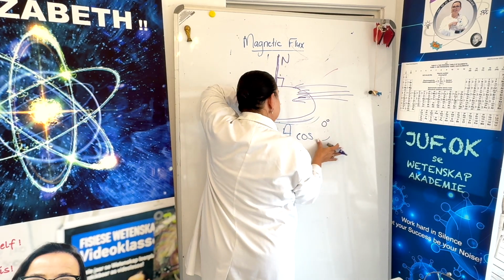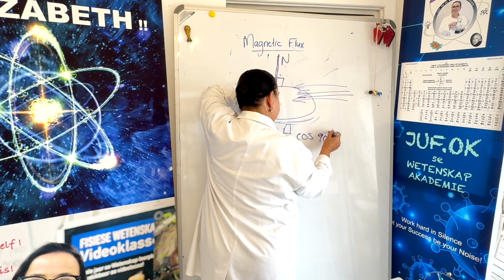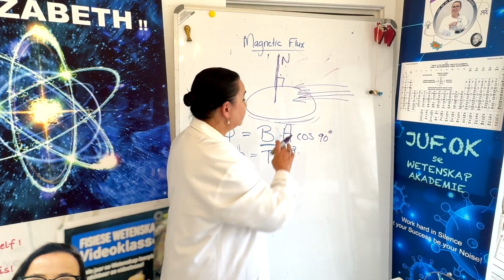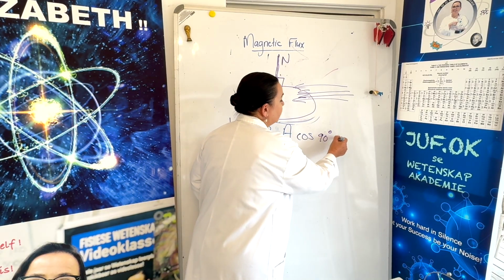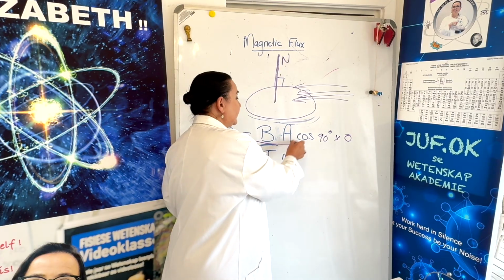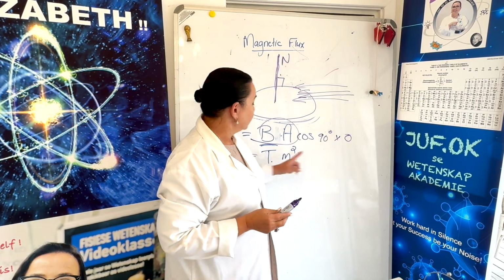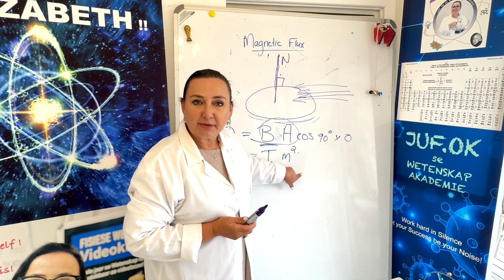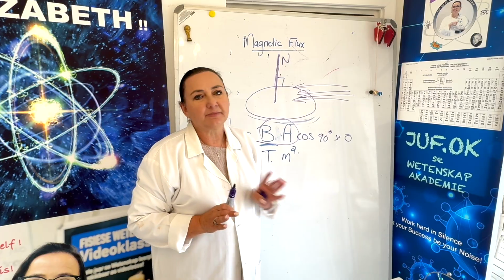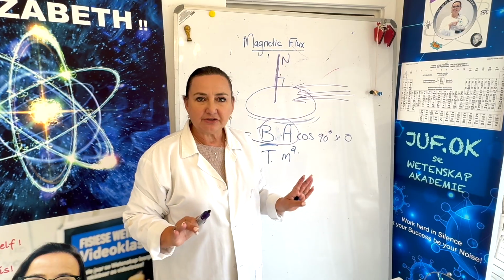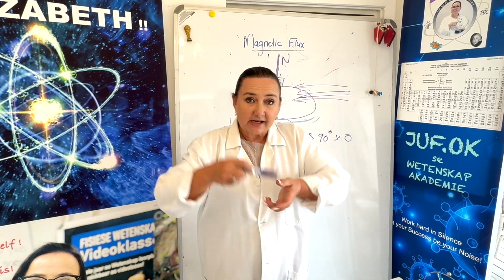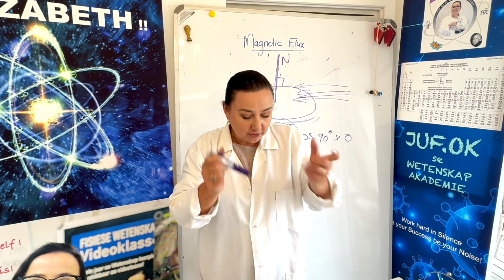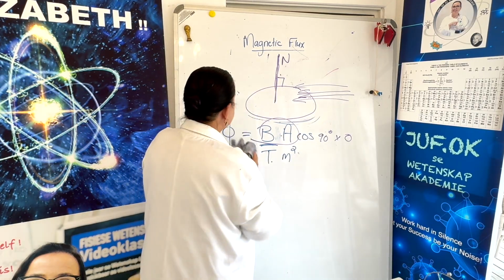So cos 90 degrees, if I put that into my calculator, you're going to see cos 90 degrees is 0. So whatever this is going to be, times 0. So the magnetic flux is going to be 0 Weber. No electromagnetism induced. No current induced. So it has to hit either full on or with an angle. And how do I measure the angle? Okay, so let's come back to the formula.